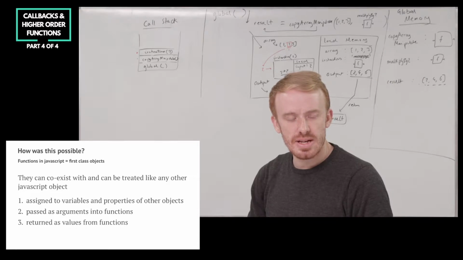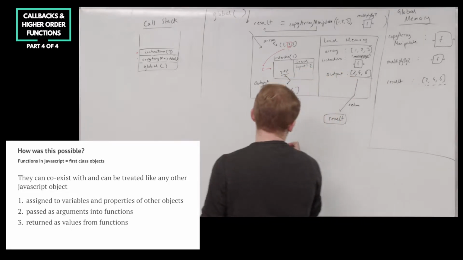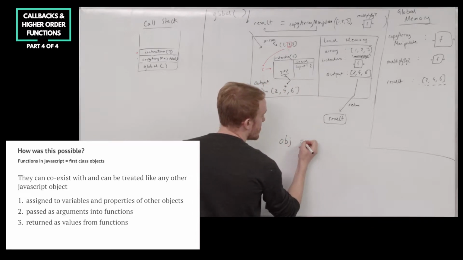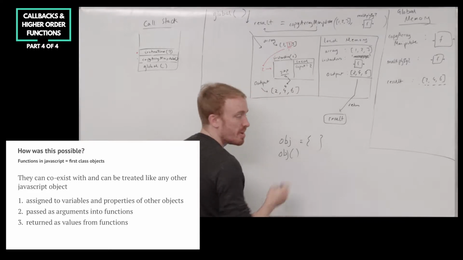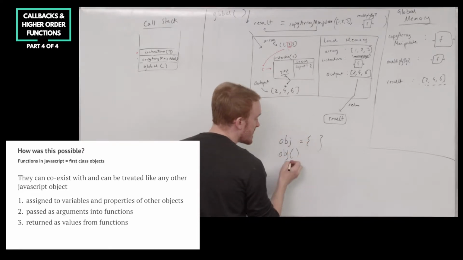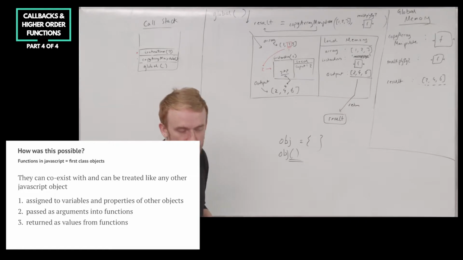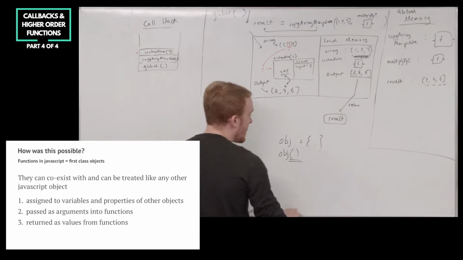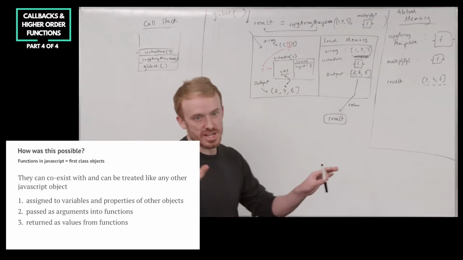Philip, what's the one thing they can have? They can be invoked. You can put parens. I can't declare an object and then invoke it, but functions, despite being objects, have the ability to be invoked, to be called, to be run. And we're going to see that has consequences later on in our object-oriented programming, all to come.